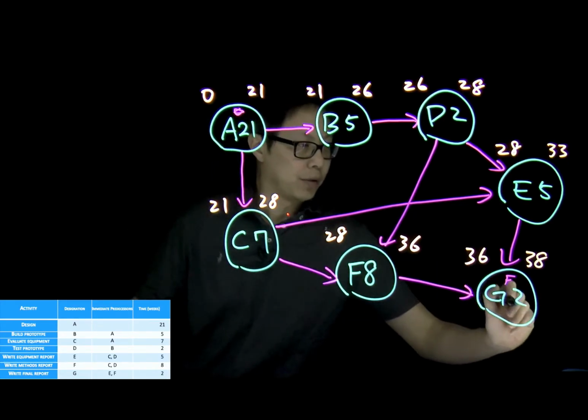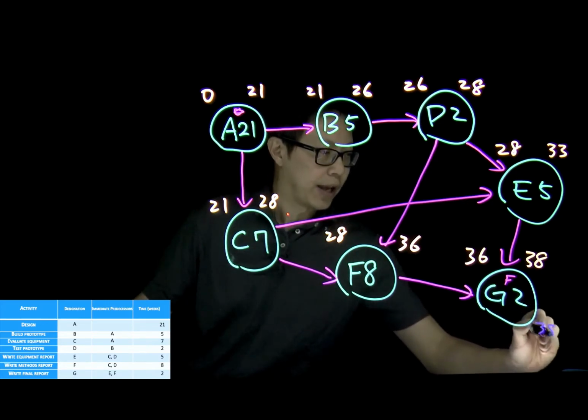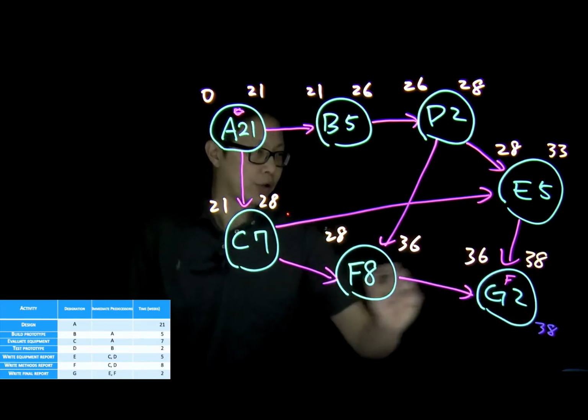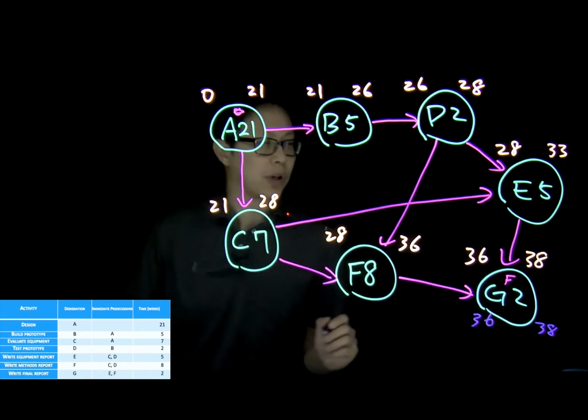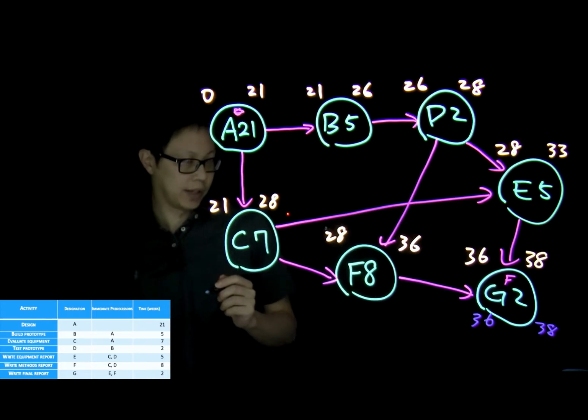So for G, we need to finish that at 38. Duration will be 2, which means we can start to work on that at time 36.